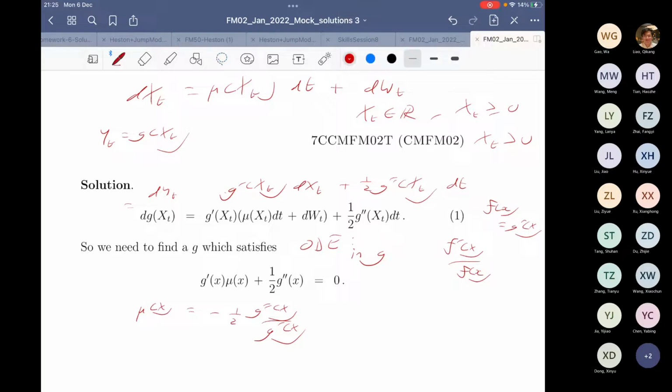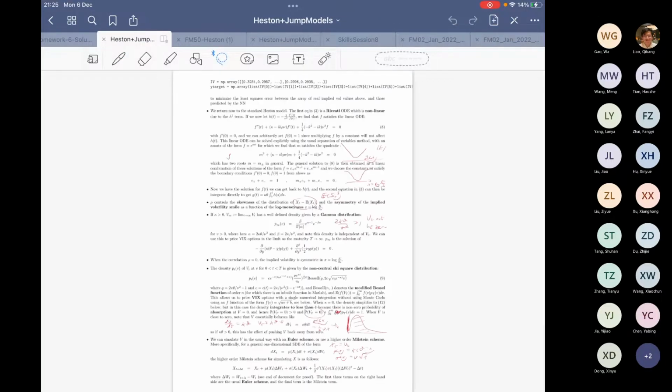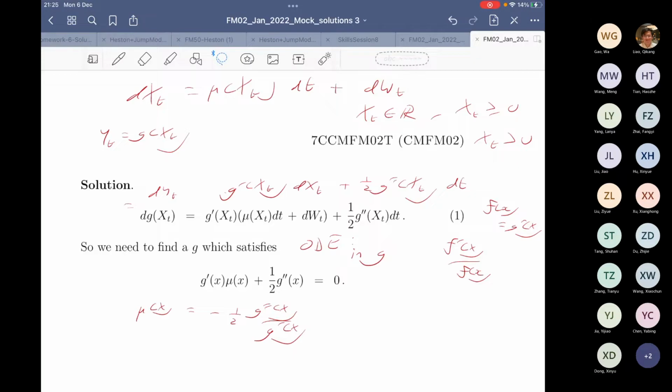So if we integrate both sides, we won't go too far with this, but just for fun, let's try and compute an indefinite integral of this. Isn't it just minus a half the natural log of g' of x?